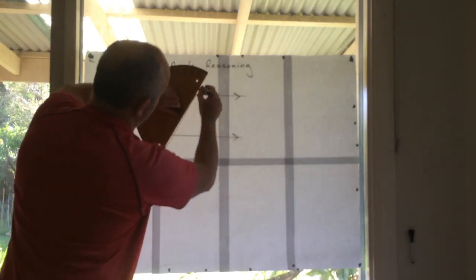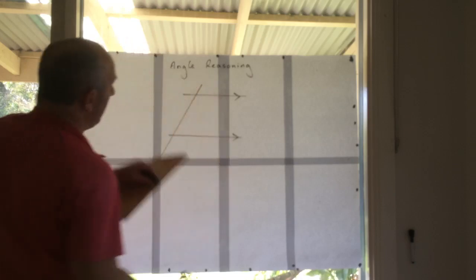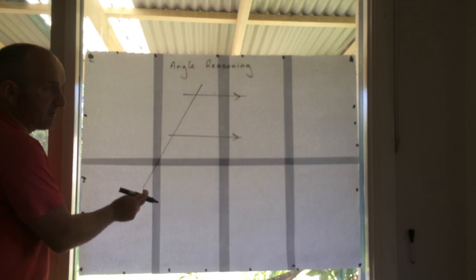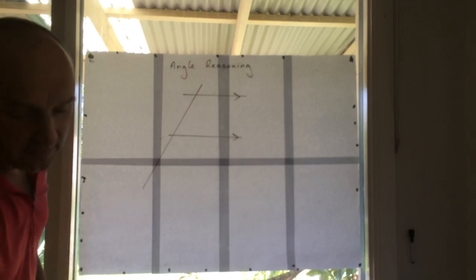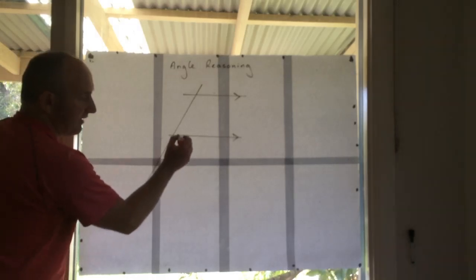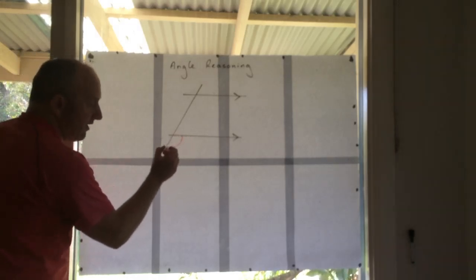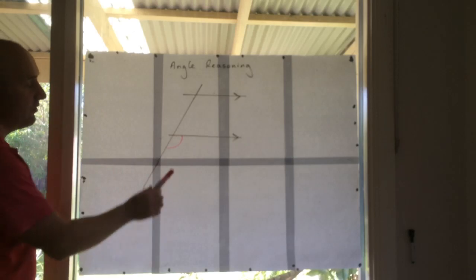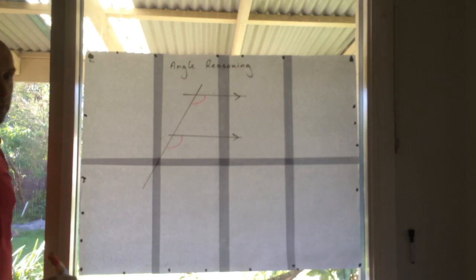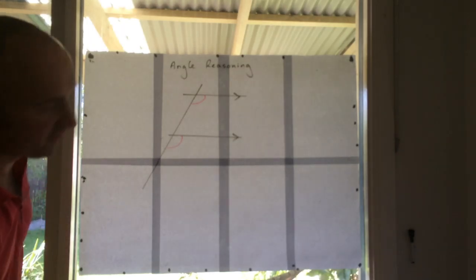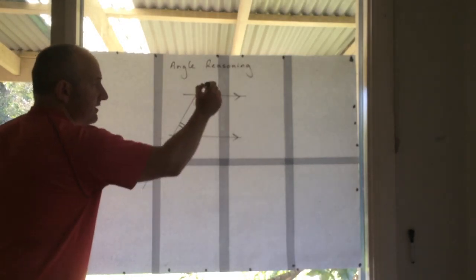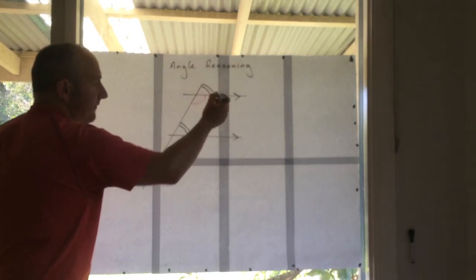Great. We've got two pairs of parallel lines. And we've got this line here called the transversal. Now, these are called corresponding angles. I'm going to write that down in a minute. When I see this formation, I know that this angle here is the same as that angle there. And I also know that this angle here is the same as that angle there.